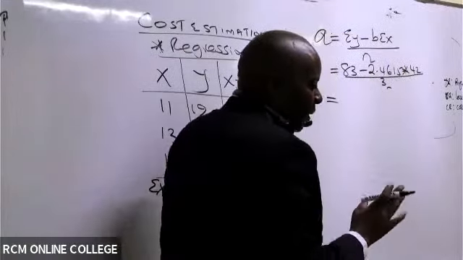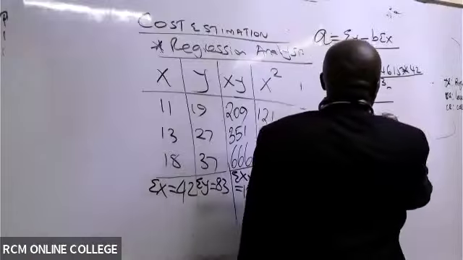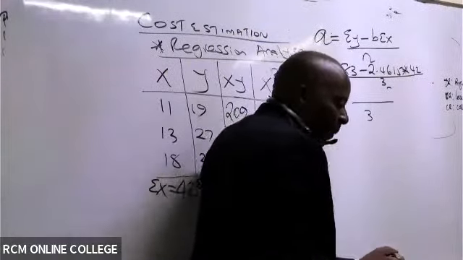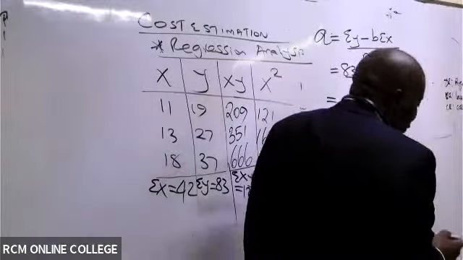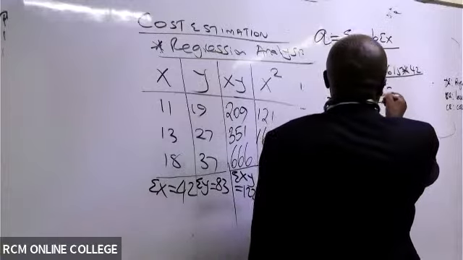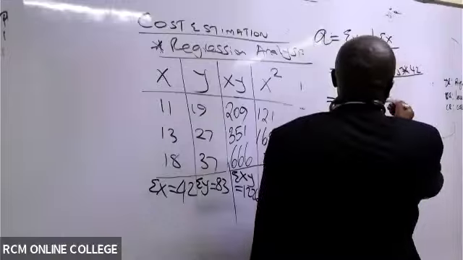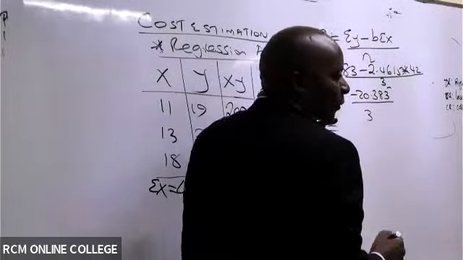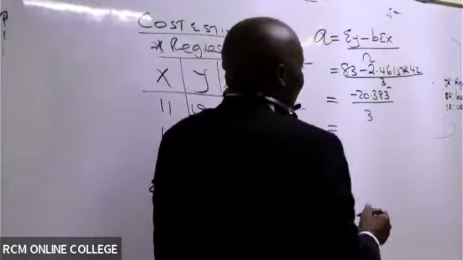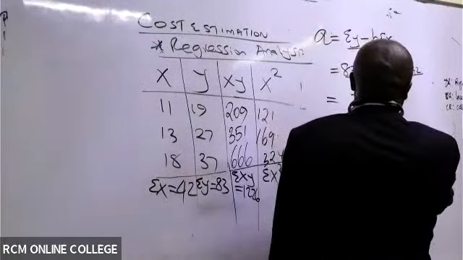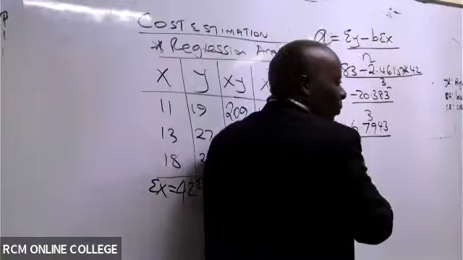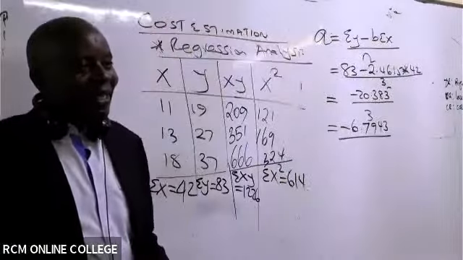The denominator is 3. That gives minus 20.383. Then when you give me the quotient, what value do you get at the end? Minus 6.7943.